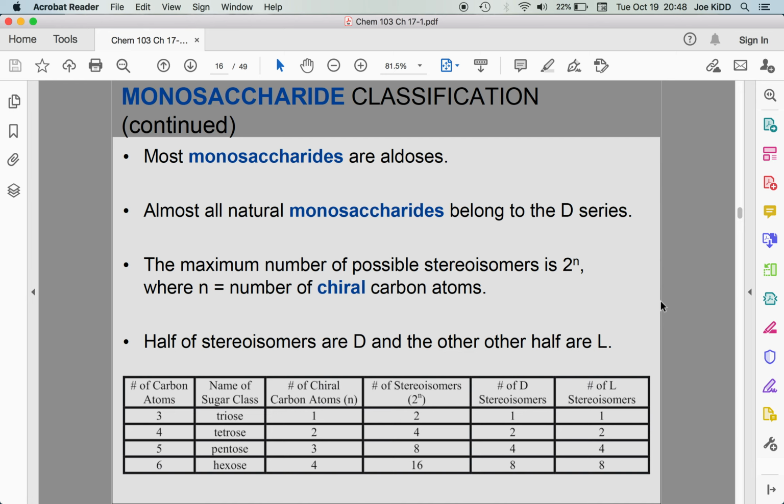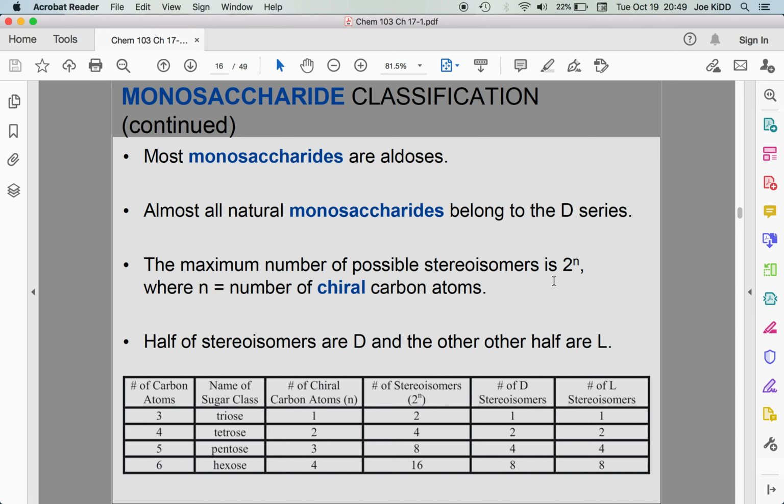Pretty much all, or I guess most, monosaccharides are aldoses, simply because ketoses tend to be larger. Ketoses mean that we have a ketone, which means that carbonyl has to be more in towards the center of the molecule and not terminal. Most natural monosaccharides belong to the D series, as we talked about earlier, that we care about.